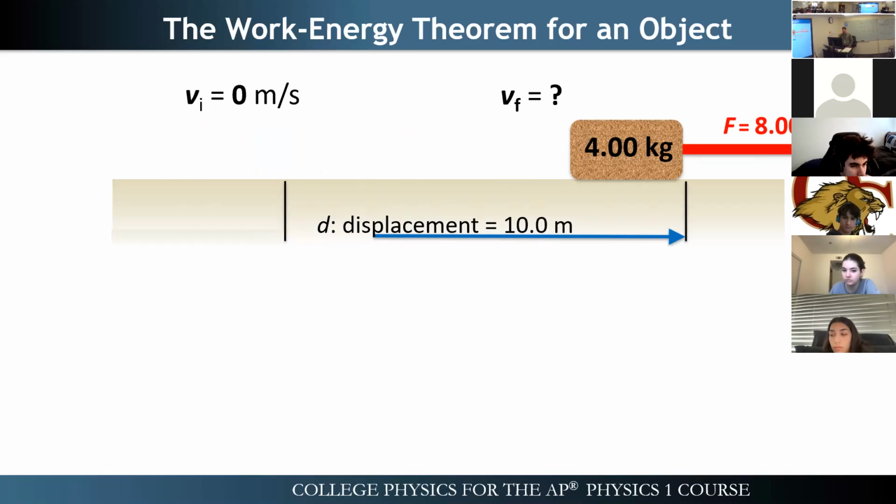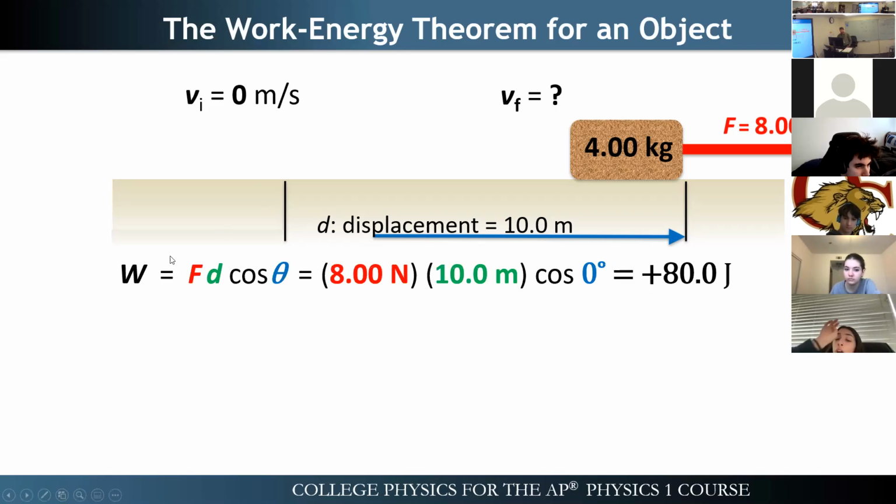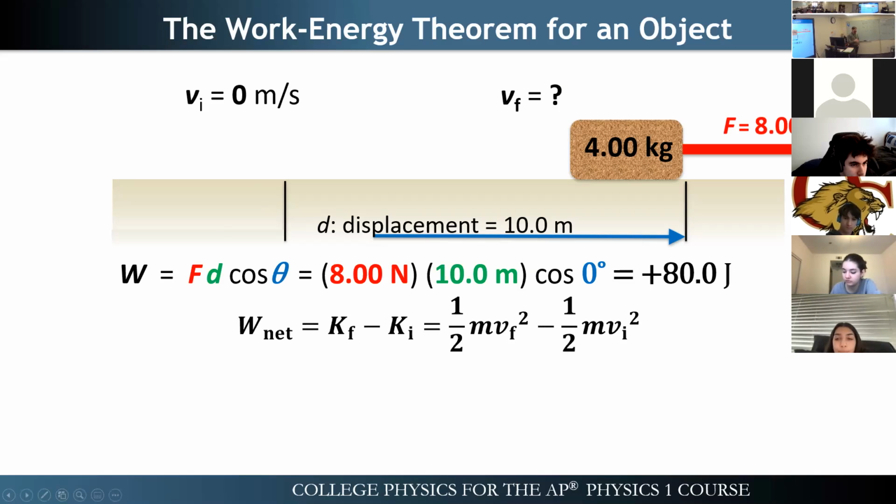All right. So if I think about the work energy theorem, I know there's 80 joules of work. Well, what's the final velocity if it started at rest? Work is equal to the change in kinetic energy, so the final kinetic energy minus the initial kinetic energy, and kinetic energy's equation is 1/2 mv squared.